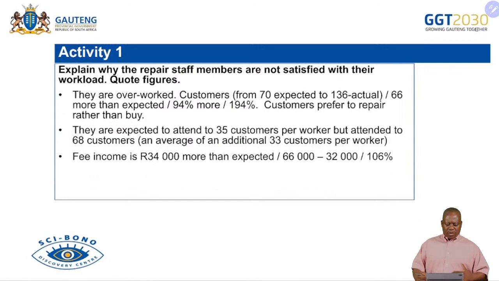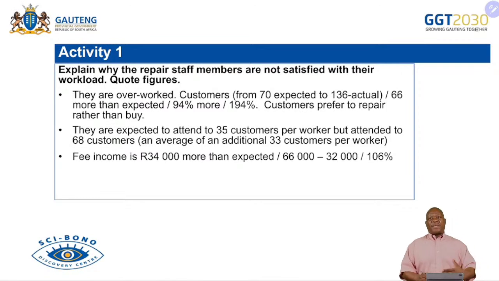But now, let's also check the fee income. The income that we are getting from these is nearly doubling. The fee income was budgeted at 34,000, but we actually got 66.